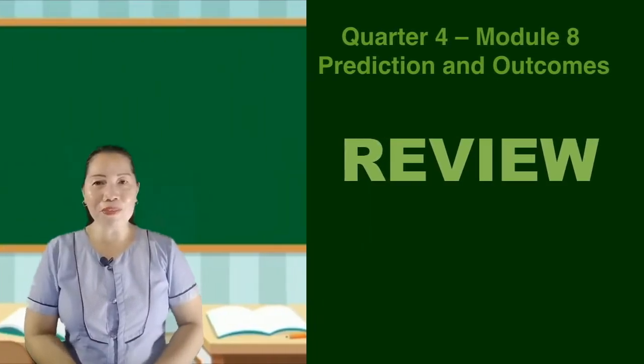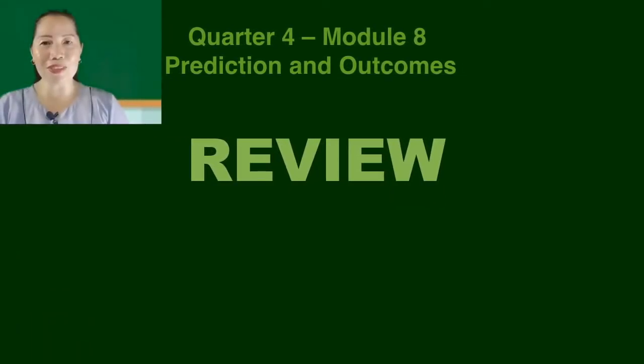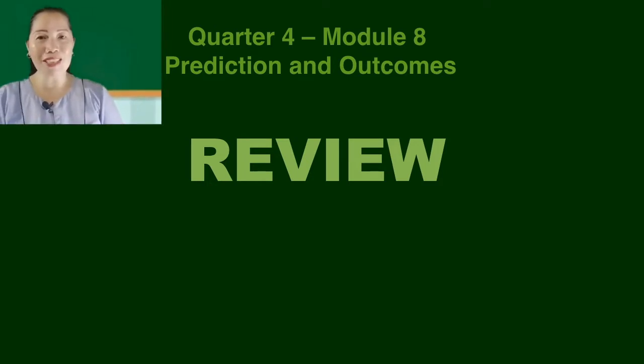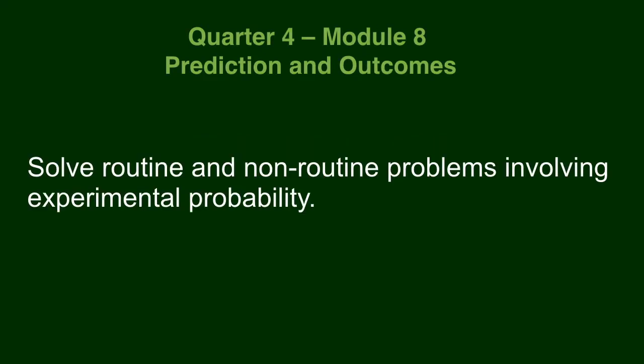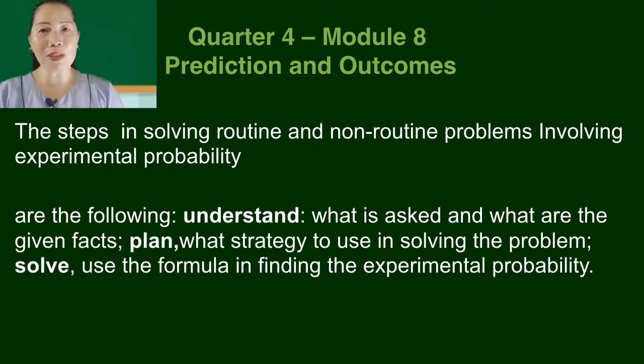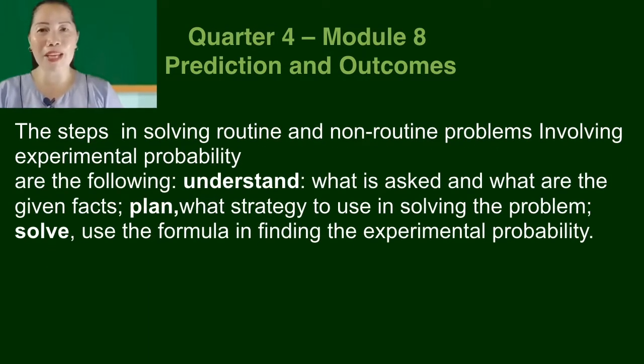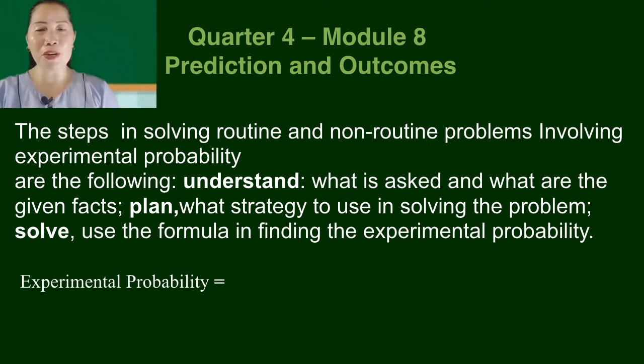Let's have a review of our previous lesson, solving routine and non-routine problems involving experimental probability. What are the steps in solving routine and non-routine problems involving experimental probability? Can you give the steps? Yes. The steps are the following.